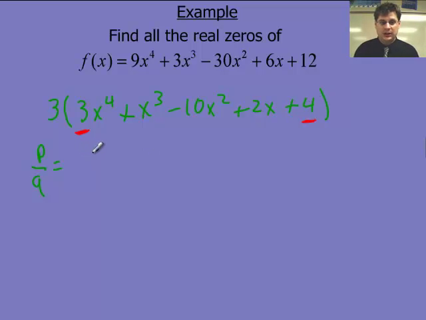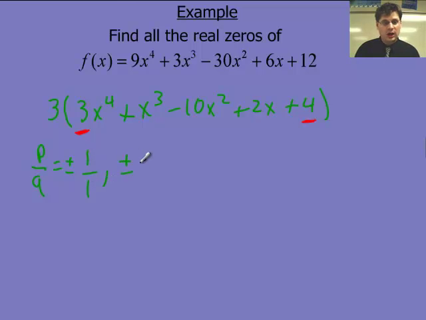The smallest factor is 1, and I can include both a positive and a negative 1 here, because a positive 1 times a positive 4 is 4, as well as a negative 1 times a negative 4 gives us positive 4. So I'm going to include plus or minus. That's our p, and then our q is going to be factors of 3. The smallest factor of 3 is 1 as well, so we're left with plus or minus 1 over 1.